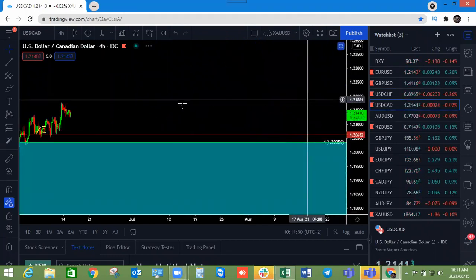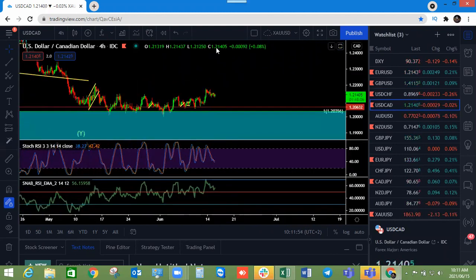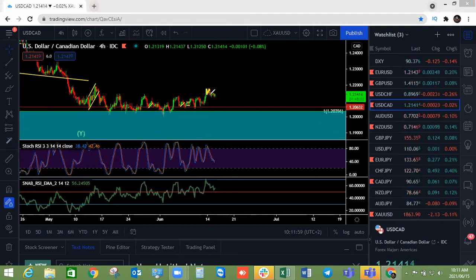We're going to get a trade set up for upside. Let's watch. Right, looks like we may get a 4-hour setup. I would prefer to actually get a 4-hour setup here on US dollar CAD. If we get something like that, I would actually be interested in getting that.